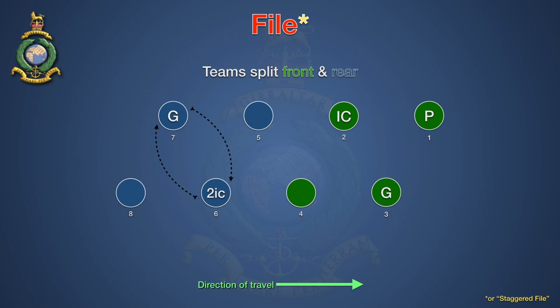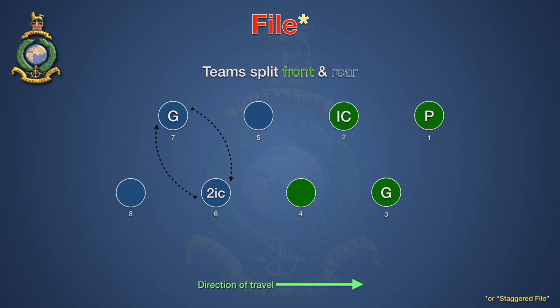But this is where things get a little bit more complicated. You'll notice that numbers 6 and 7 have swapped their position around. The reason for that is we need to have our gunners, if we have gunners, available to put fire out in different directions.